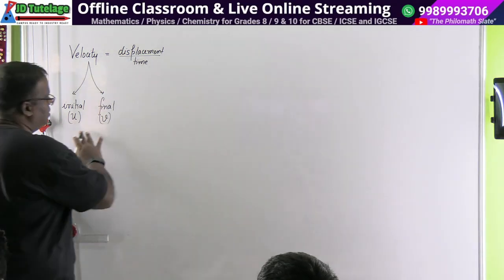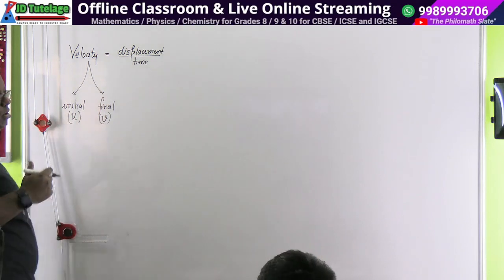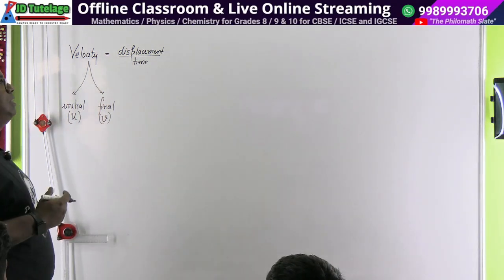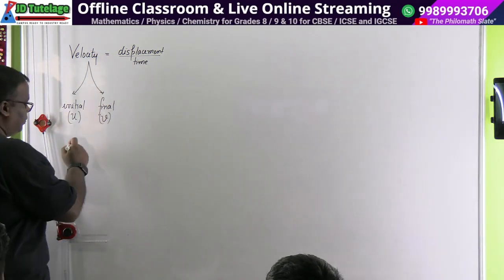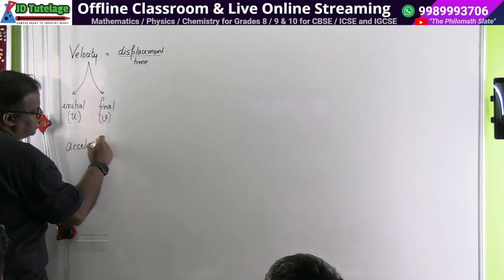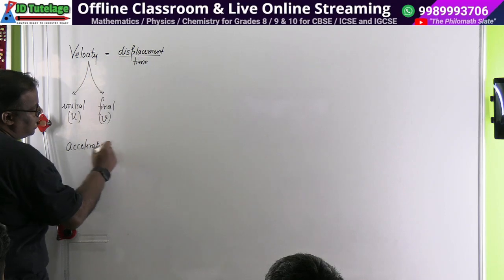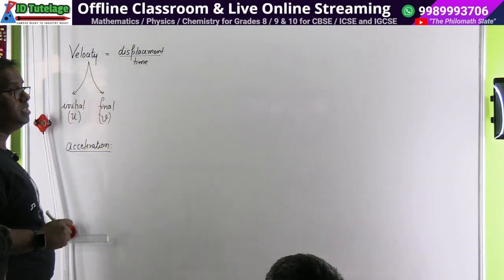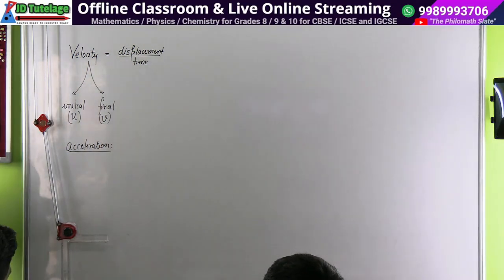So initial velocity, final velocity. Then we also discussed what is uniform velocity, what is non-uniform velocity. After that, we came to another term called acceleration, and we just had a little glimpse. Acceleration is rate of change of velocity.